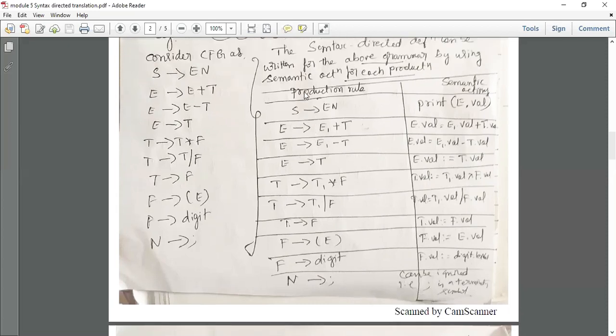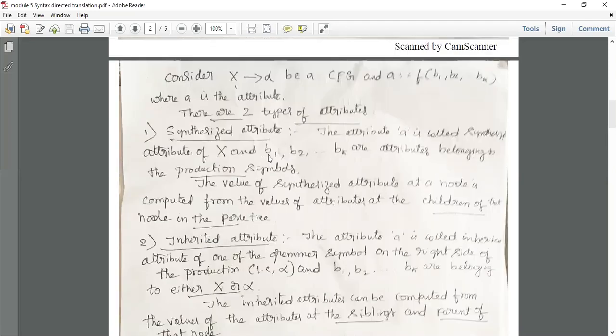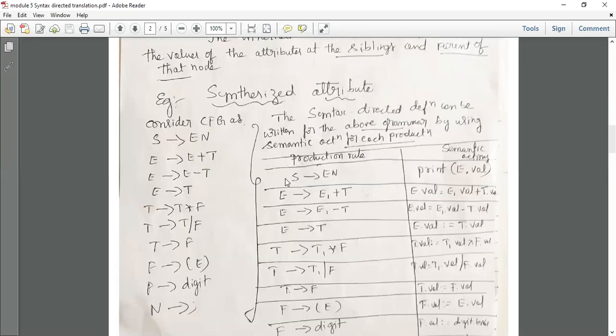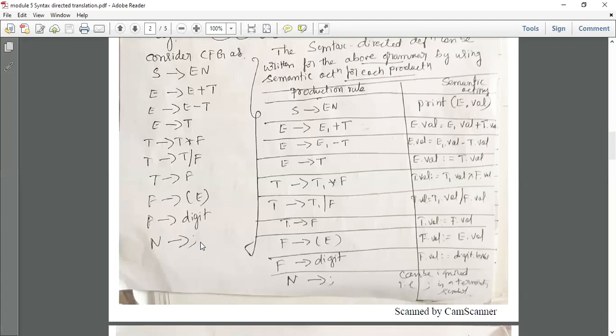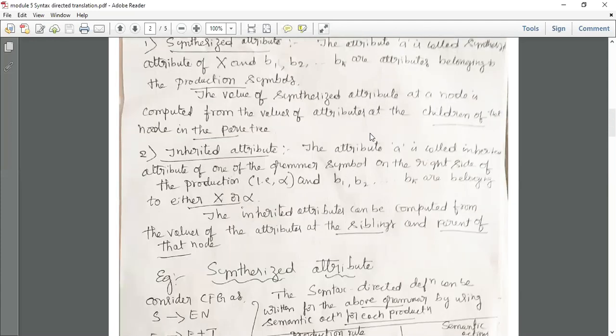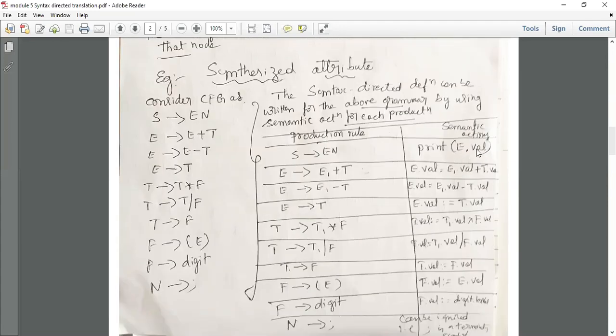S tends to E N. S will be the start symbol, and definitely an augmented grammar will be there, so we need to store the answer in S only. N in the sense here is the semicolon. It ends with a semicolon, a terminal symbol. So wherever terminal symbols are found, wherever the attributes belonging to the production symbols are found, wherever the lowercase letters are found, that itself is going to generate the values of attributes that we write here as dot val.